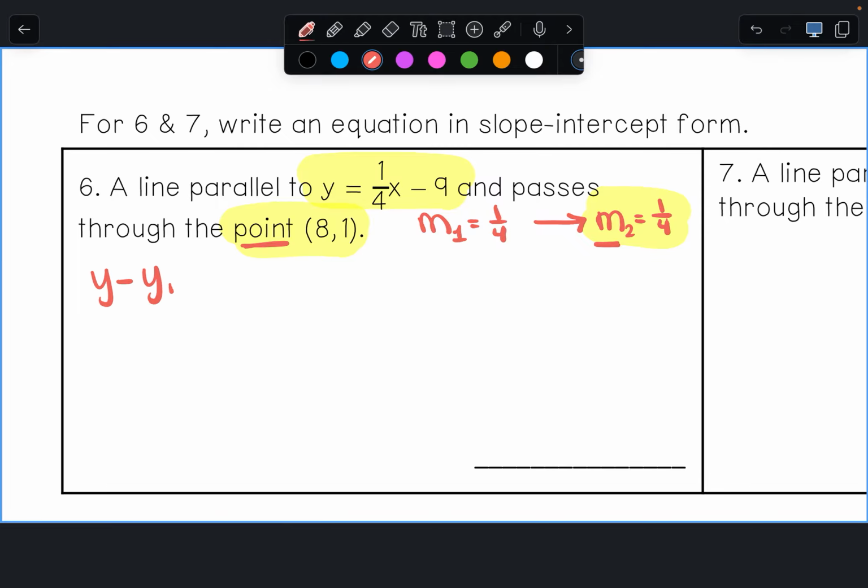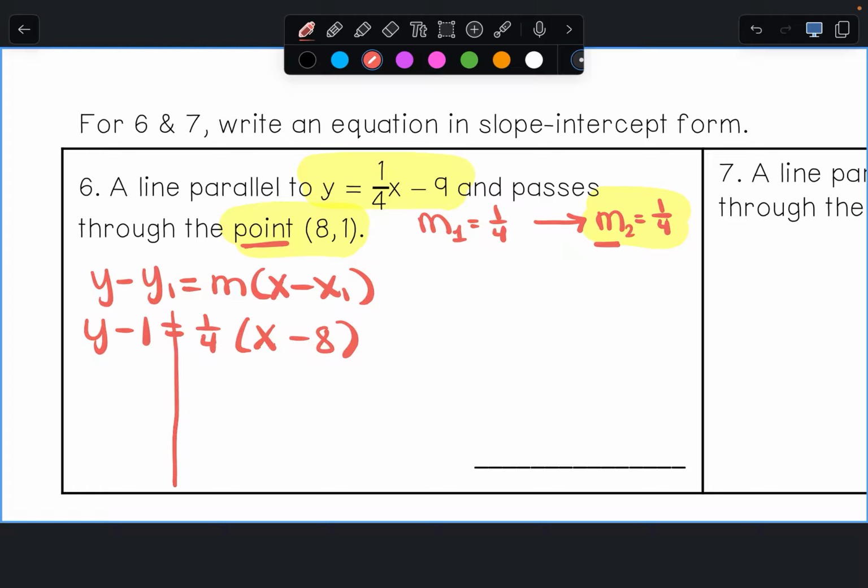y minus y1 equals m times x minus x1. All right, so let's plug our numbers in. y minus 1 equals 1/4 times x minus 8. Good. And we solve. How do we solve?